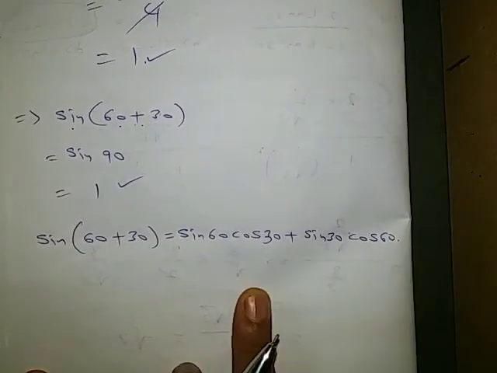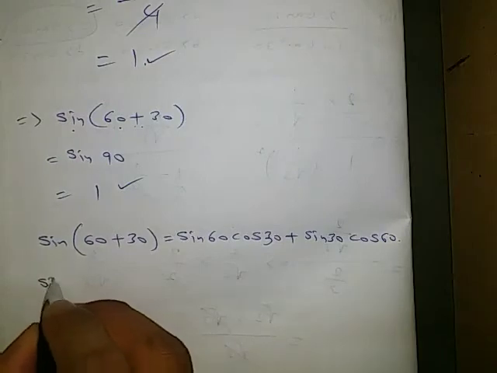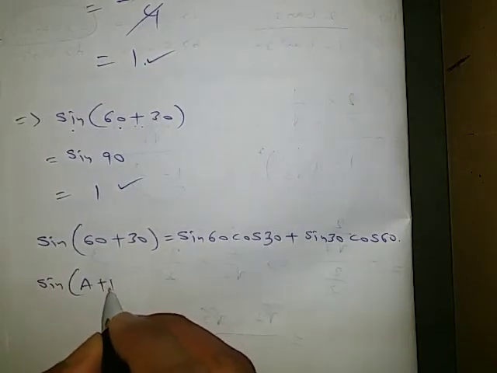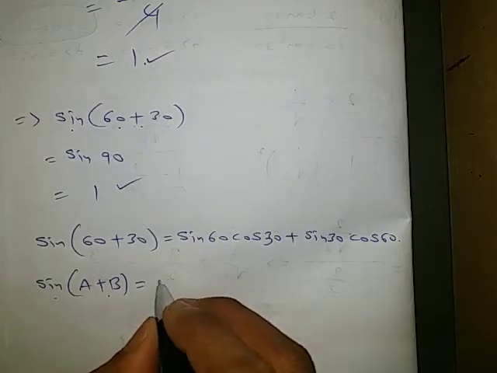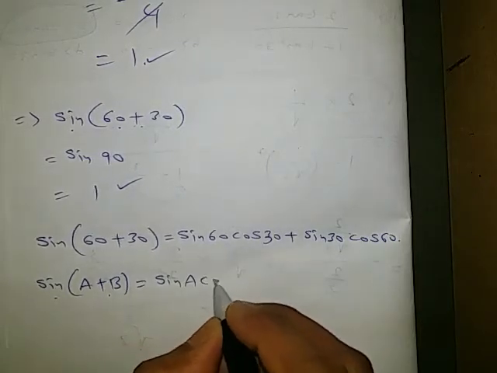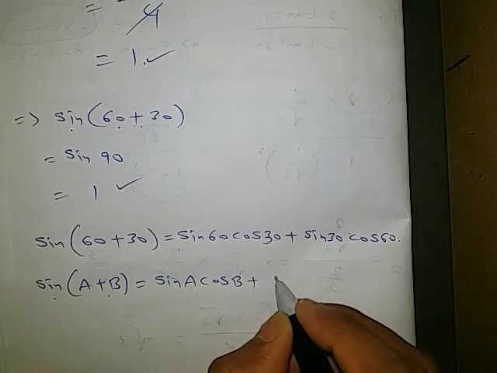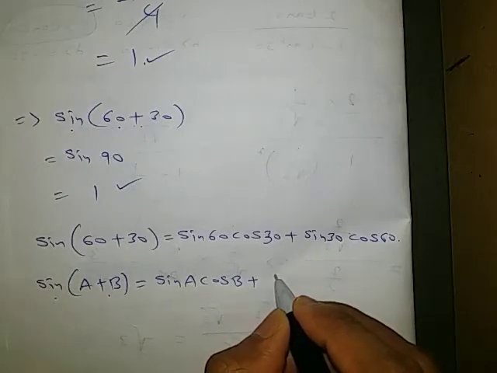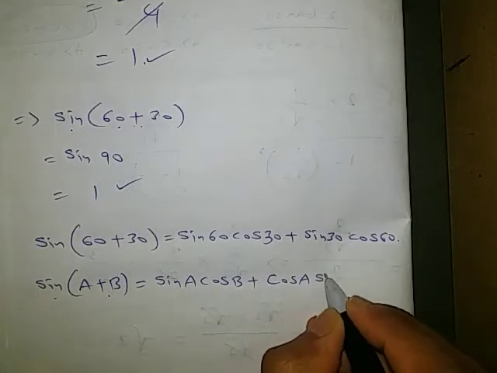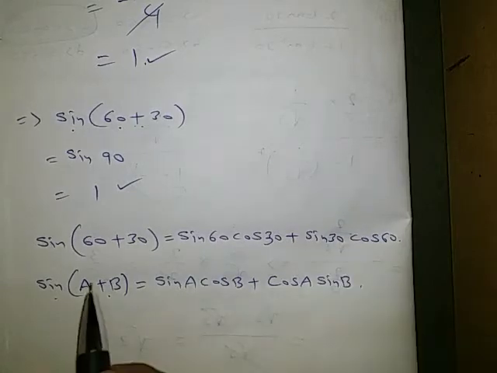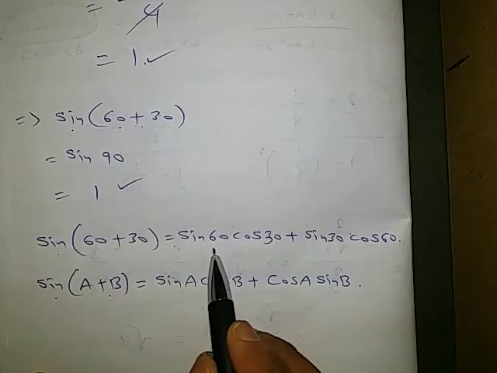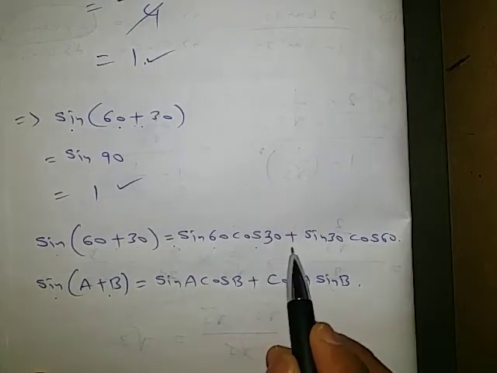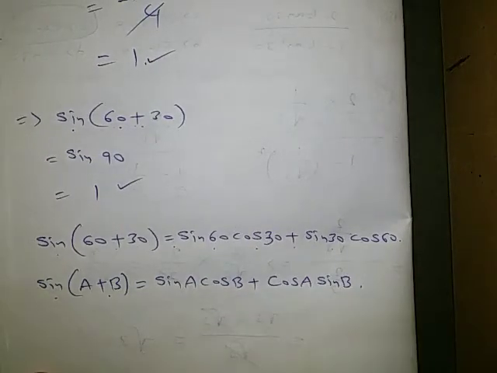If we write the formula for this, it is the sin of A plus B formula. Sin of A plus B is equal to sin A cos B plus cos A sin B. Sin of 60 plus 30 is equal to sin 60 cos 30 plus sin 30 cos 60.